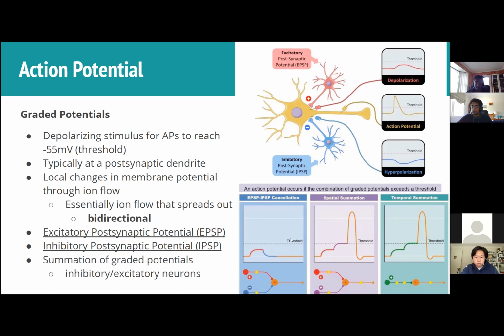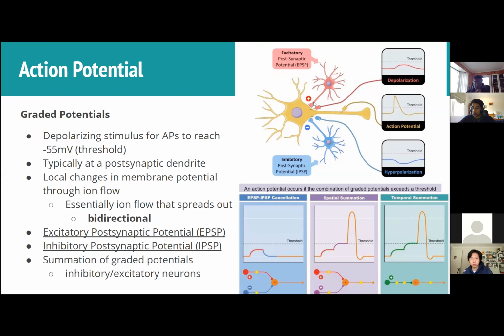If you look in the bottom right, there's spatial summation and temporal summation. Spatial means adding up inputs from two different neurons. Temporal means the impulses occur so quickly that they add up, because they produce enough ion flow one after the other, since the ions just stay there.